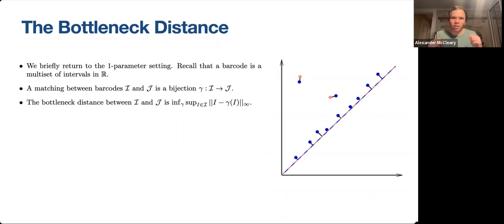Given a matching gamma, what are the two farthest apart points that are matched in gamma, and how far apart are they? That is the cost of the matching. And then we take the matching with the least cost, and that gives us the bottleneck distance.